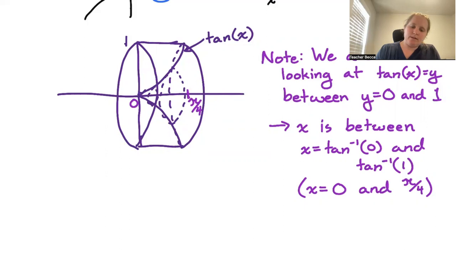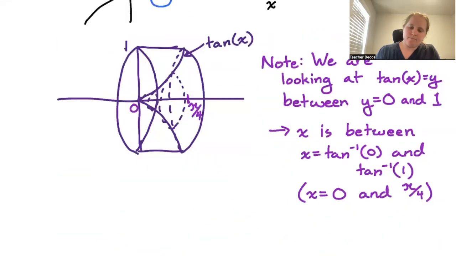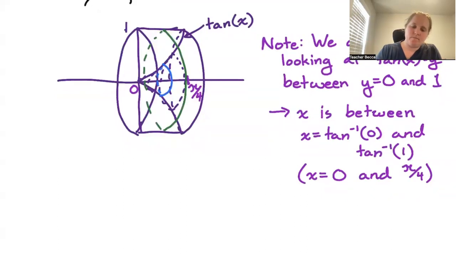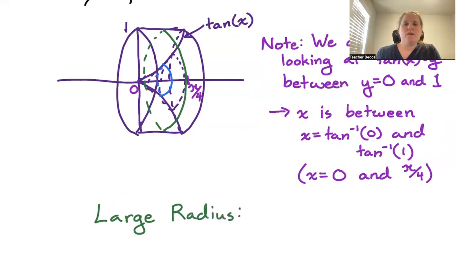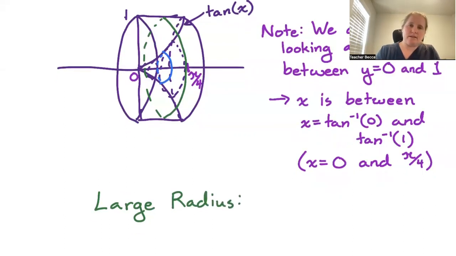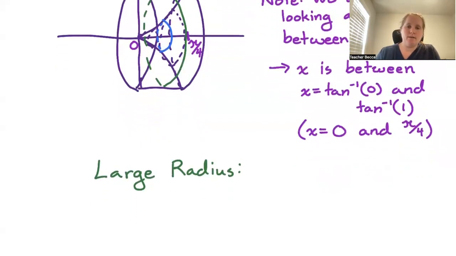We have our outer radius and our inner radius. Our outer radius, or large radius, is the entire distance from the x-axis to 1.